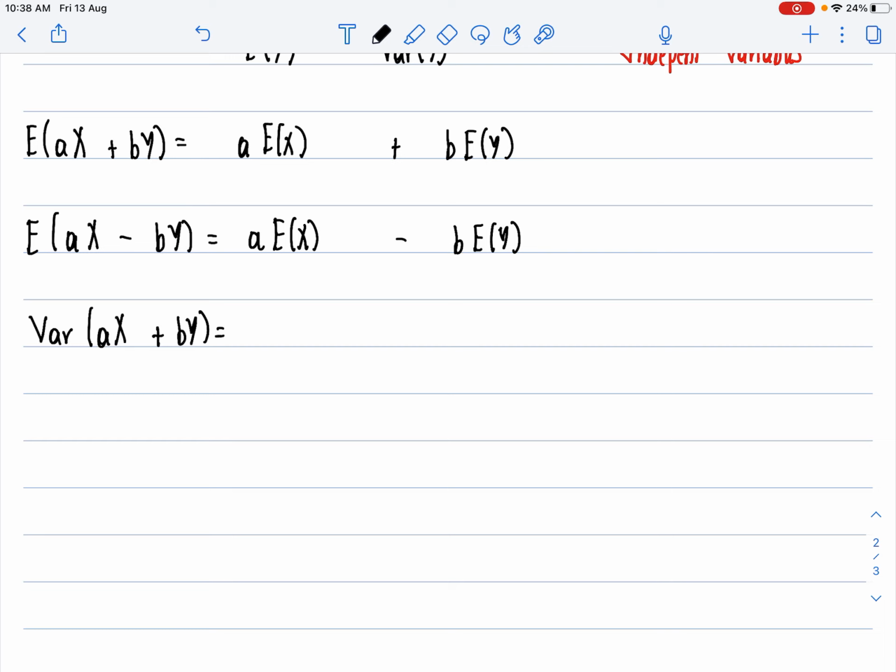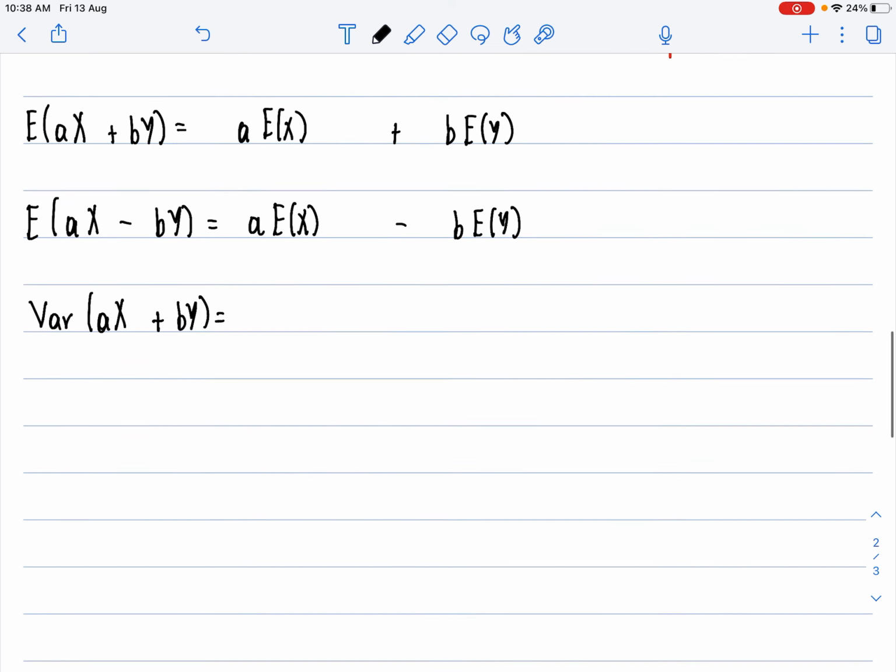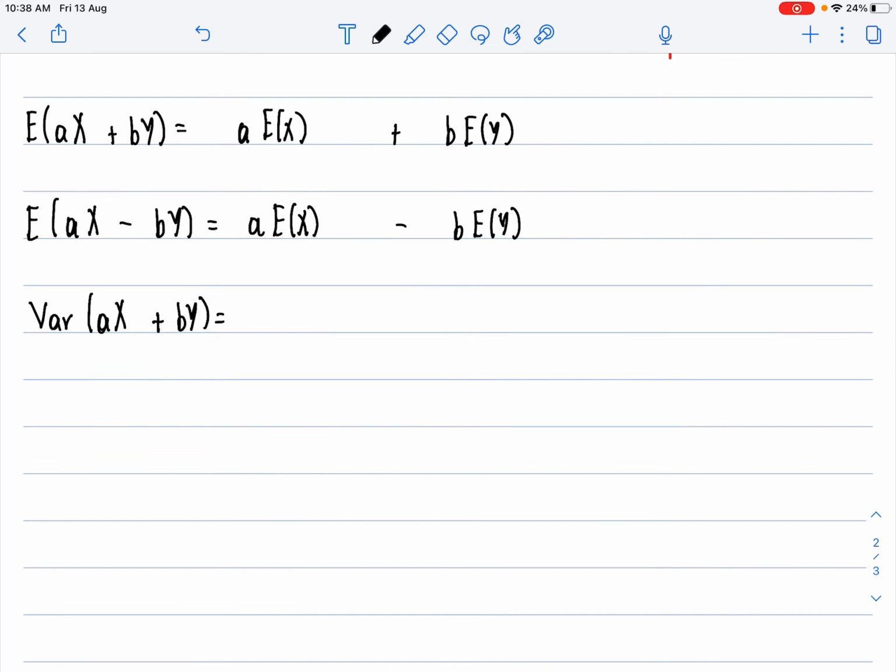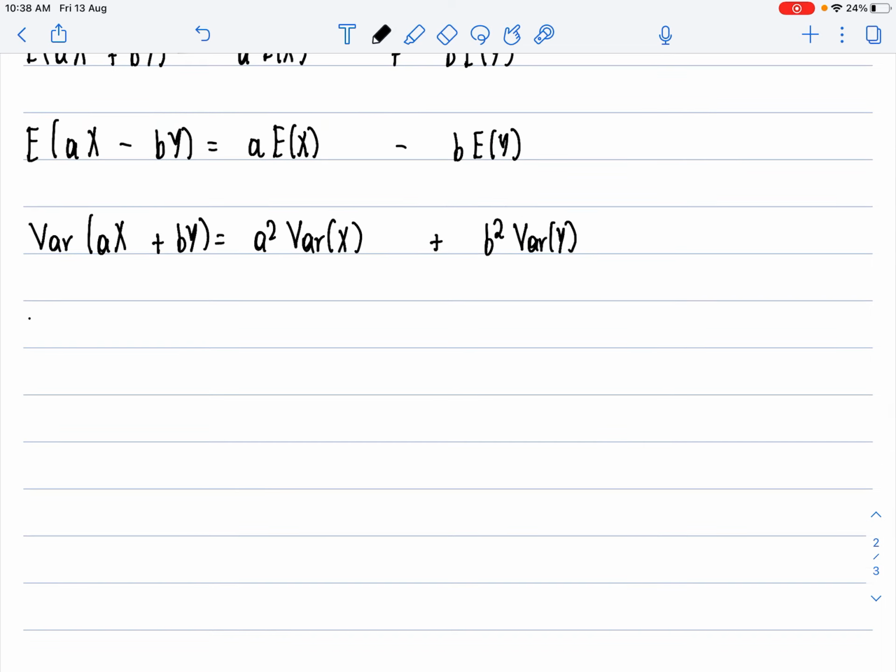So this will be equal to, because these are independent variables, not independent observations, that's a different concept, we'll do that in the next video, A square into the variance of X plus B square into the variance of Y. And here I'll have the variance of AX minus BY.